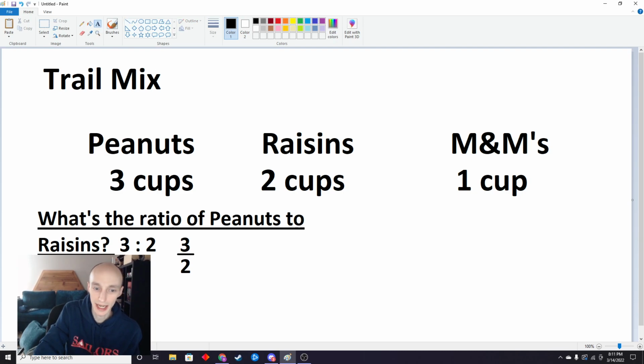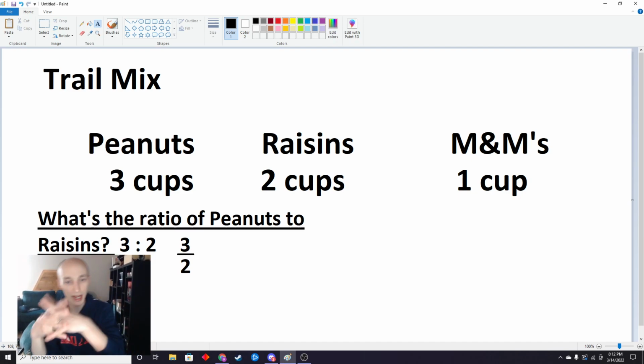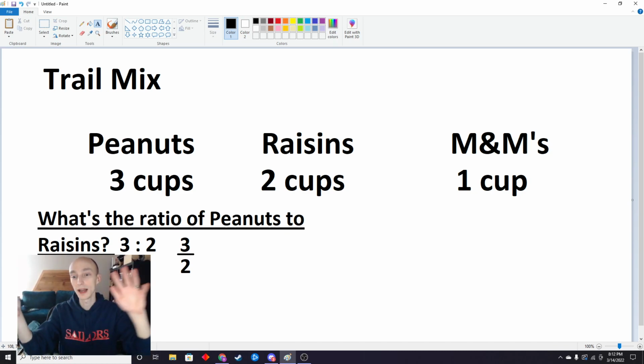And now let's say we want to scale this up. I'm having a party, and I need to increase this recipe by 5. I have so many people coming over, and it's just a trail mix party, so we're going to eat a ton of trail mix. So how do I scale this up? Well, as long as I stick to my original ratios, the ratio of peanuts to raisins and the ratio of the raisins to the M&Ms, then as long as I increase all these amounts by the same amount, right?